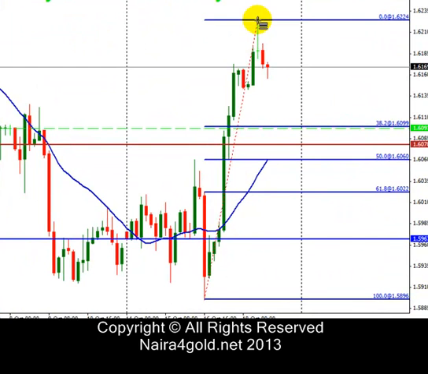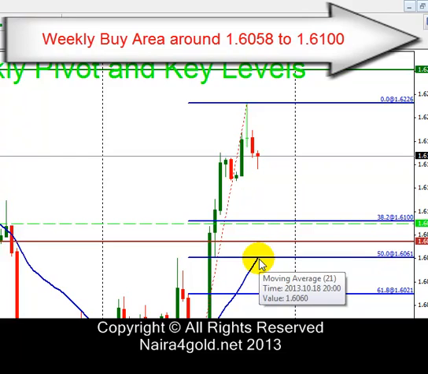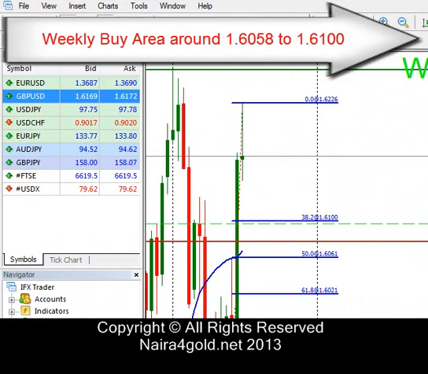We'll be having a 13.2% retracement at 1.6100, which is still within the same area as we have here, and a 50% retracement at 1.6061, where we have the 21 period moving average, both on the 4 hours and on the daily time frame. If you see, it's around the same area.